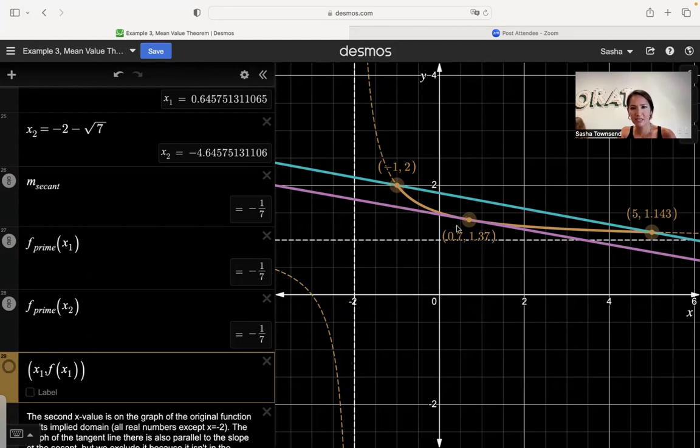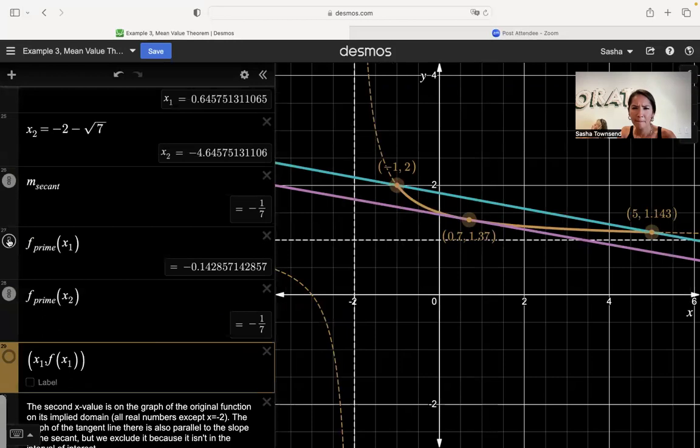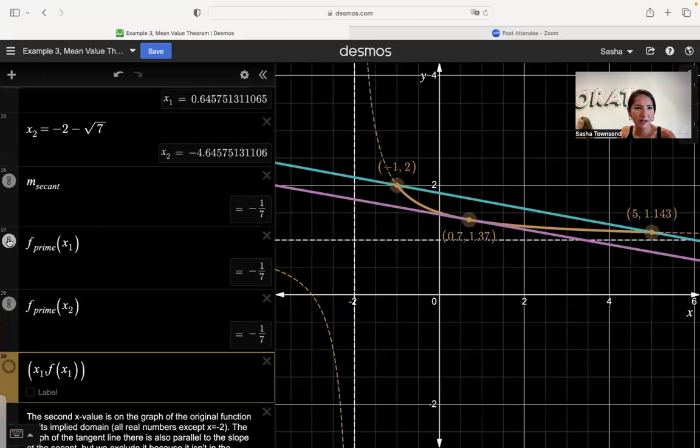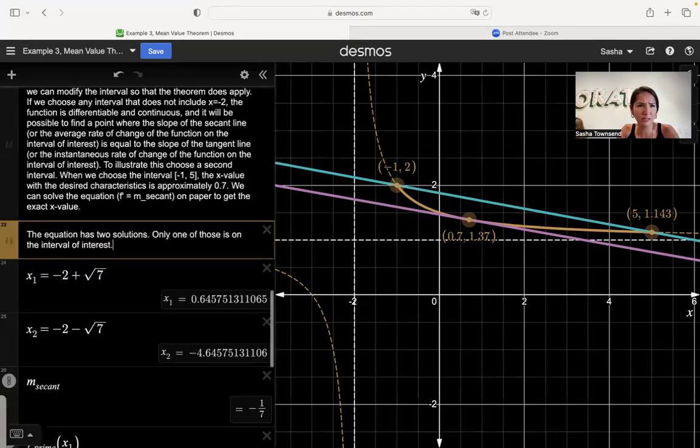Oops. Actually, this -0.7 is the one that I just got from eyeballing it. Is that right? Oh, that's f prime. The actual value of x1 is 0.646. 0.646 versus 0.7. I think, visually I got close enough.